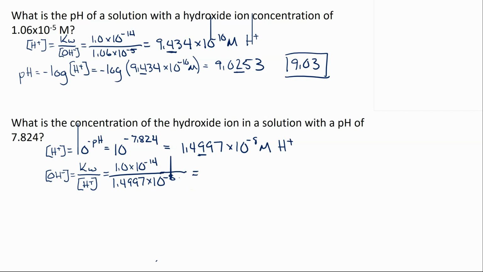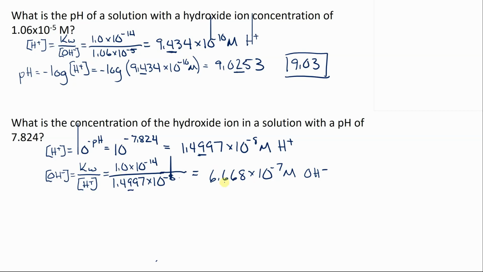And this had 3 significant figures, and I get 6.668 times 10 to the negative 7 molar OH minus. And because my Kw has 2 significant figures, I should have 2 significant figures in my answer, so 6.7 times 10 to the negative 7 molar hydroxide.